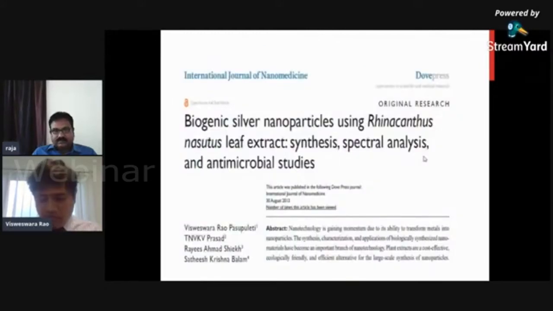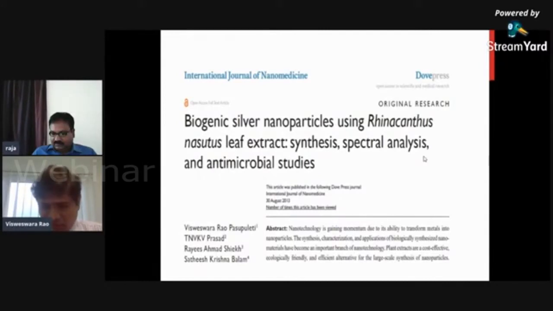Okay, this is what we have done almost 7 years back. We have synthesized the nanoparticles using leaf extract, and then we checked for antimicrobial activities.